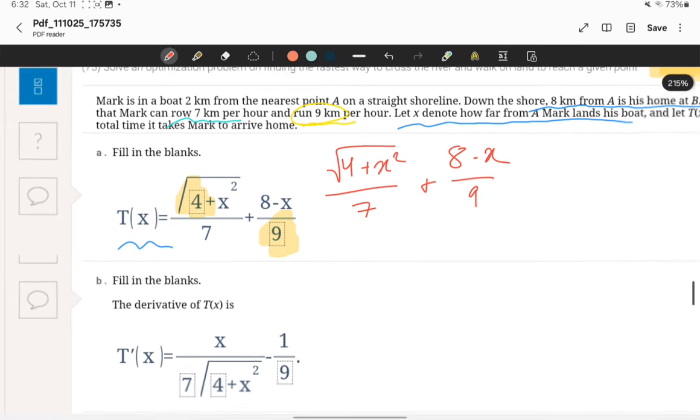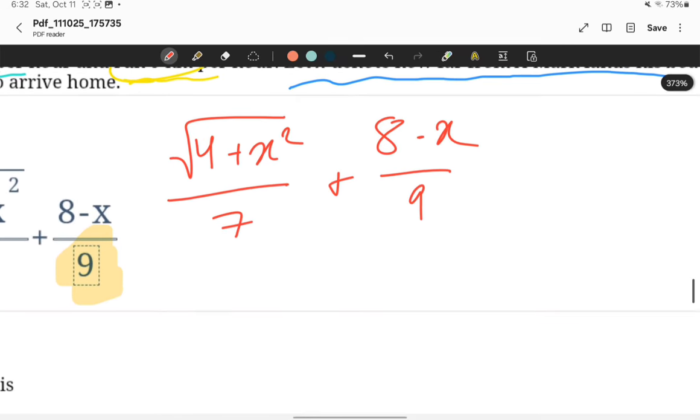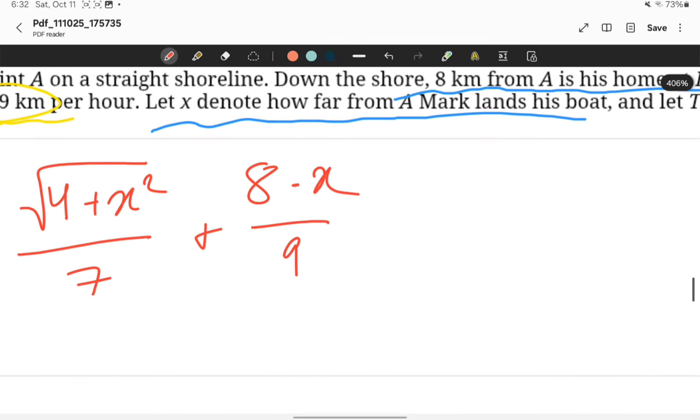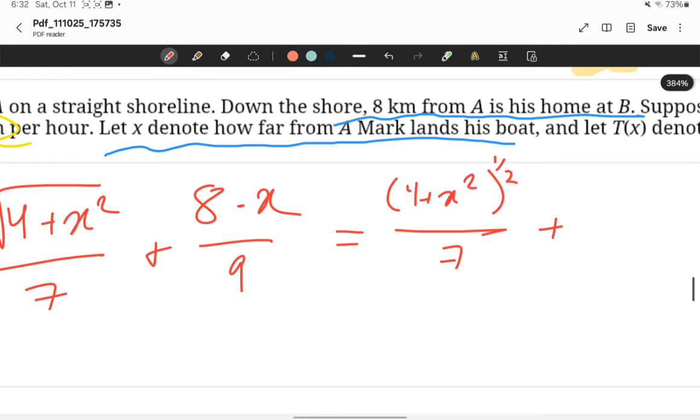This is our original equation, and we need to derive it. First I'm going to get this into a form where we can start deriving, which means getting rid of our radicals. So it's 4 plus x squared over 7 to the power of half, don't forget that, plus 8 minus x over 9.